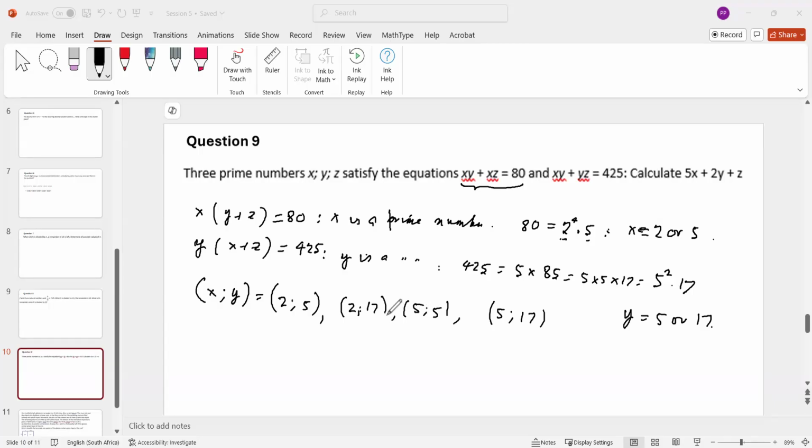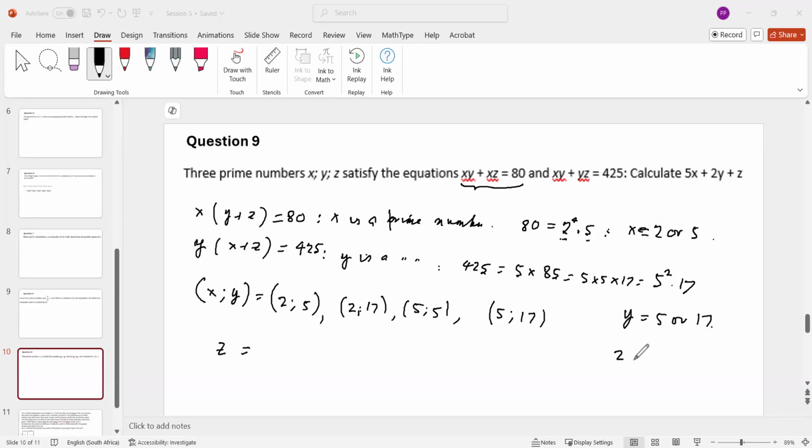All right, so how do you do that now? We haven't used anything about z. Z is also a prime number. So let's calculate z in each case. If x is 2 and y is 5, let me make this calculation in the corner here.